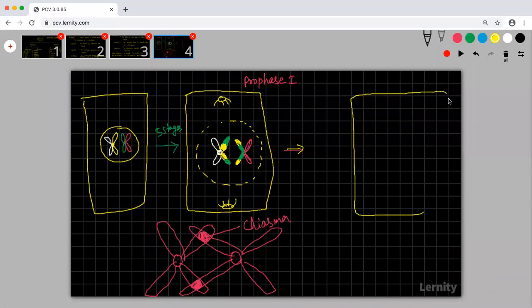So what happens in metaphase is the question. Now the arrangement will be such that, let us say, this is there.